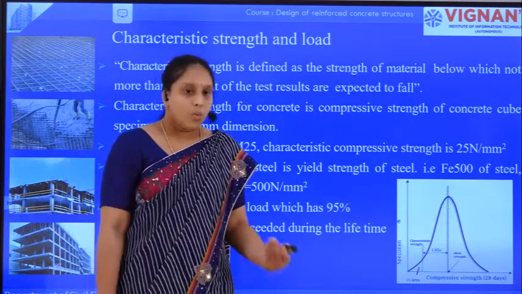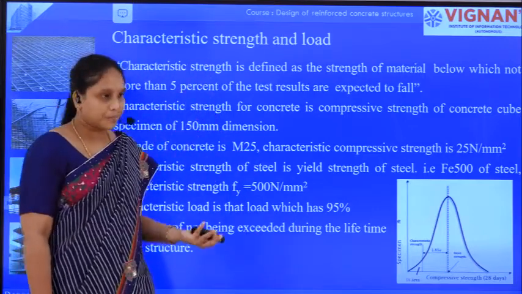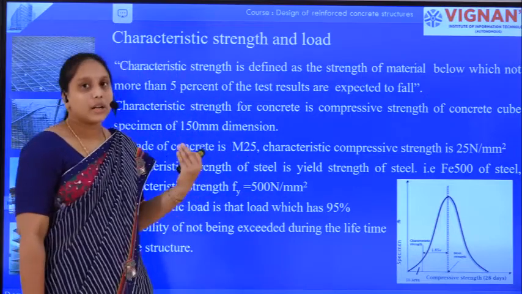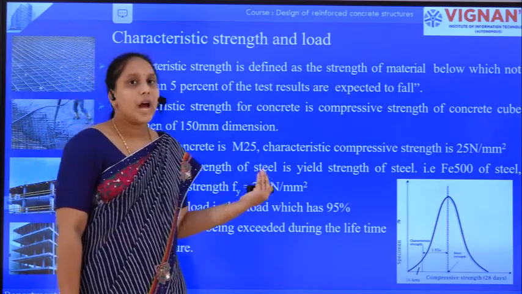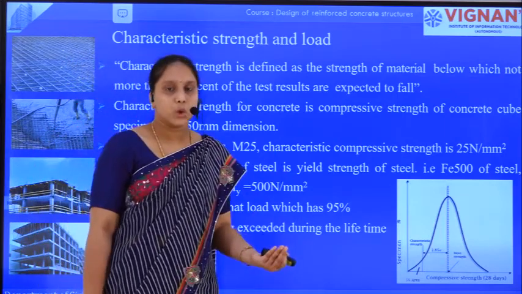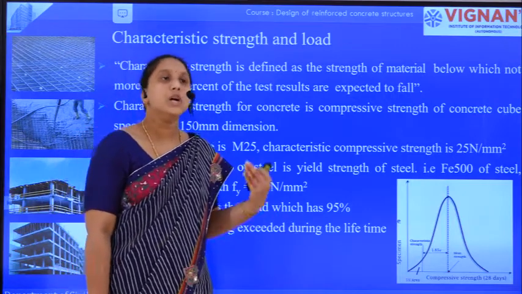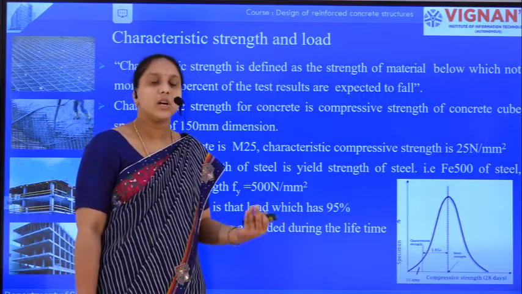So what is meant by the characteristic strength in the sense is the values that I get here. If I have taken 20 cubes, so 20 cubes I have tested and I have got some values, some 25, 26, 28, 23, like that.